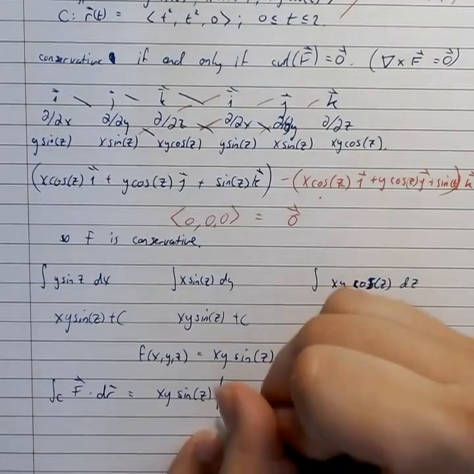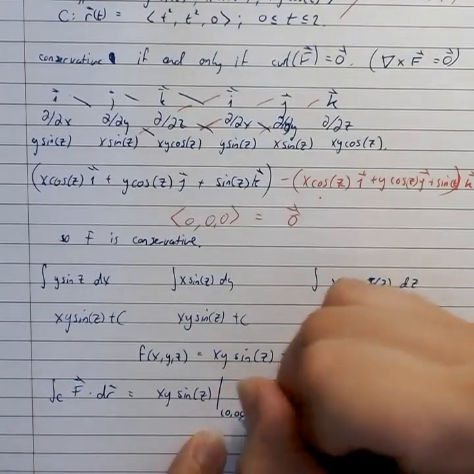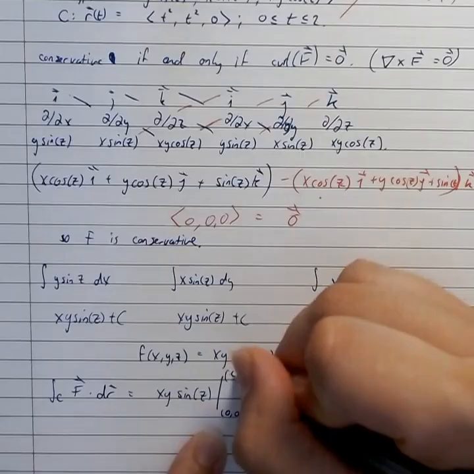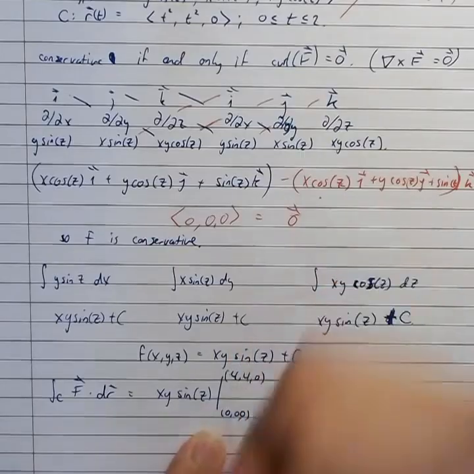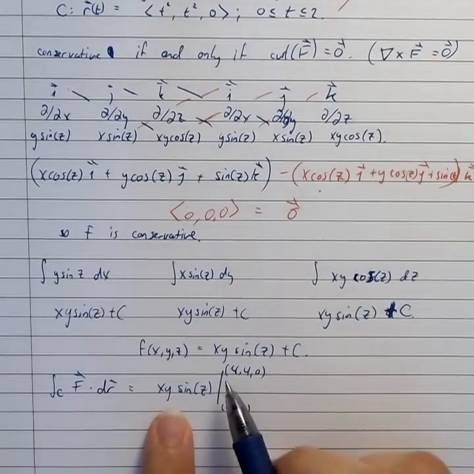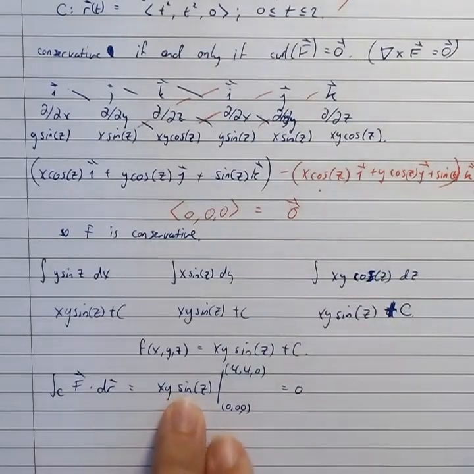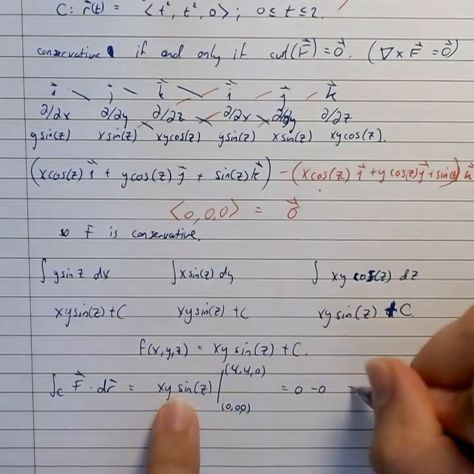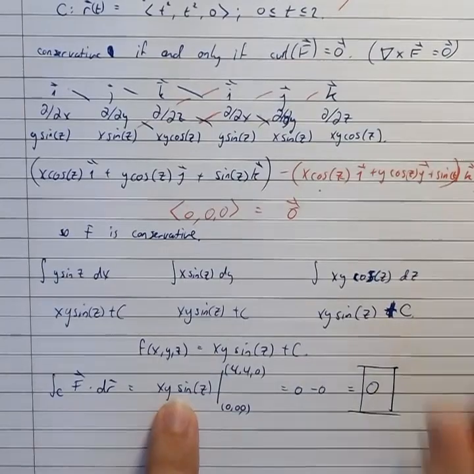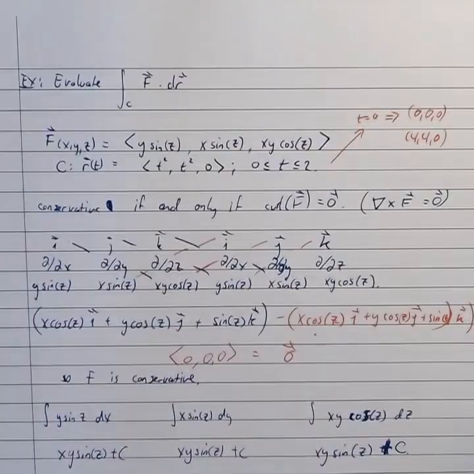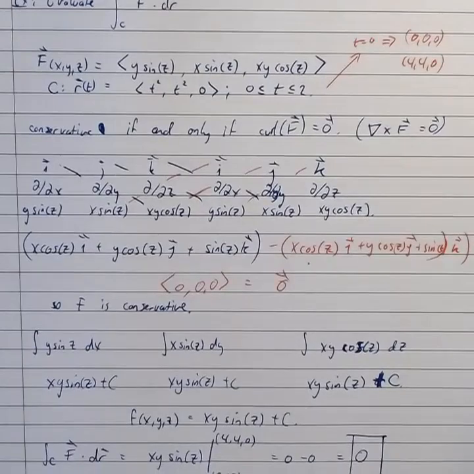And this will be bound from the origin 0, 0, 0 up to 4, 4, 0. Here, if I plug in 4 times 4 is 16 times the sine of 0, well, that's going to be 0. Here, 0, 0, 0, that's going to be 0 also. And here, somewhat anticlimactically, our result is 0. It turns out that our line integral is just going to be 0.